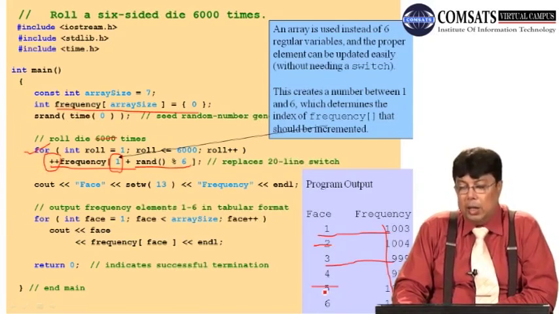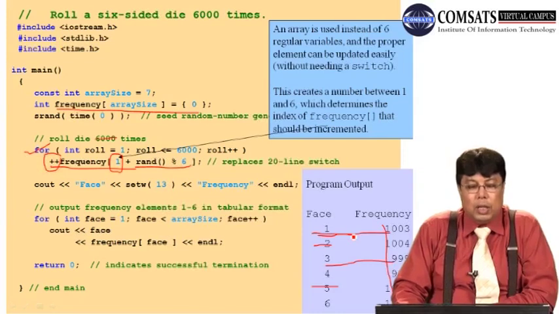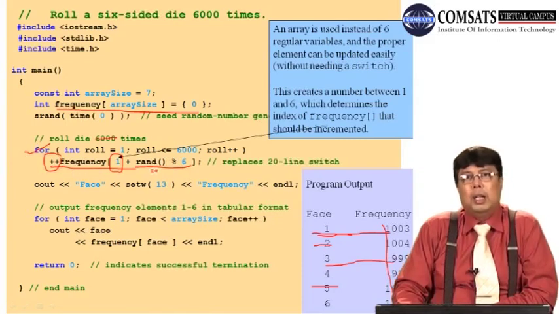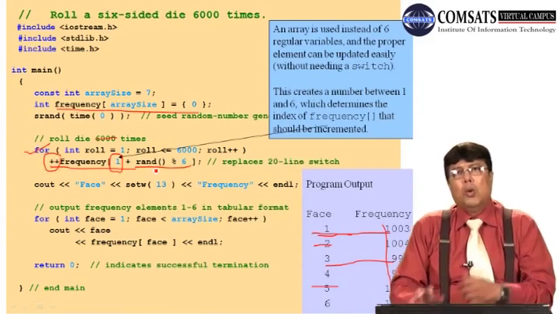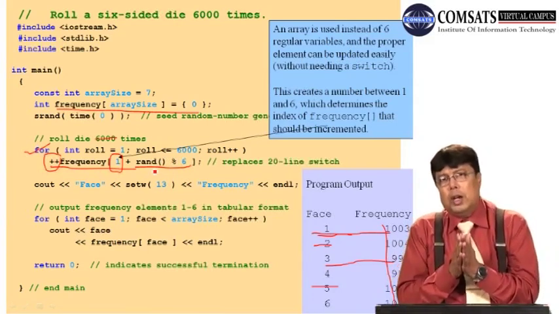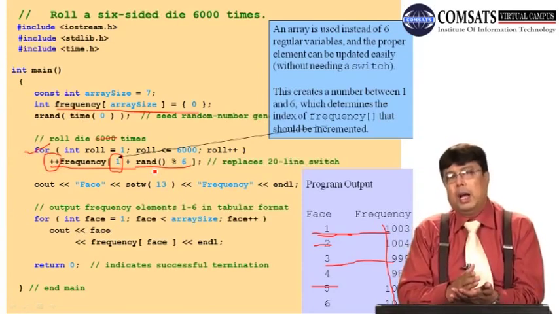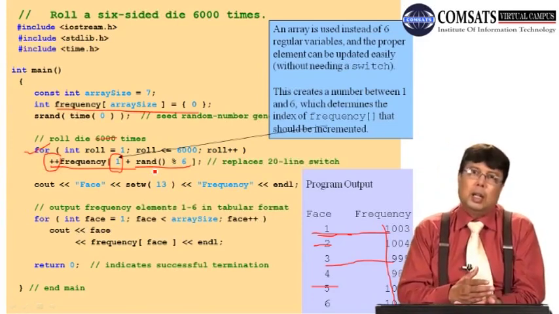फिर generate किया 1, में already 1 था, इसको auto increment किया हमने यहाँ पर 1, फिर हमने इसके अंदर ऐड कर दिया. क्योंकि what basically we are doing is just like plus x. So we are using frequency of this, means this is the element, whatever random number is generated, उस particular position generate हो रही है ना 1 से 6 तक. तो जिस position का number आया है, उस position में जाके जो उसके previous contents हैं उसमें 1 ऐड कर देंगे.